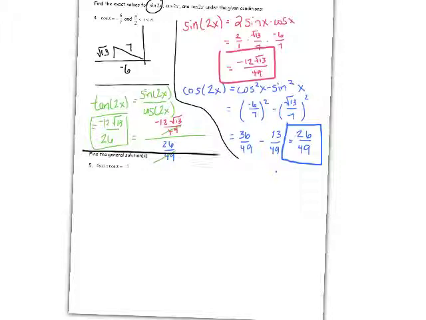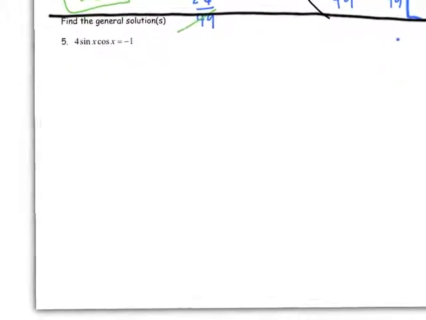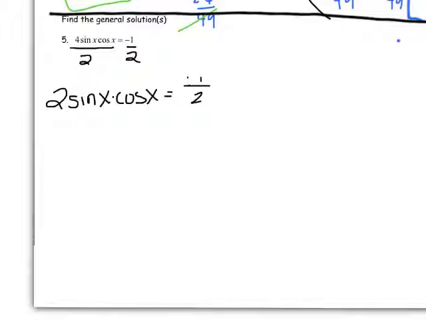All right, number 5, find the general solution. So we actually did a problem also similar to this on Tuesday. So our steps were to first match it, and then to draw the triangles, and to simplify. So this matches not really perfectly to anything, but if you divide both sides by 2, you get 2 sine x cosine x, and that equals negative 1/2.